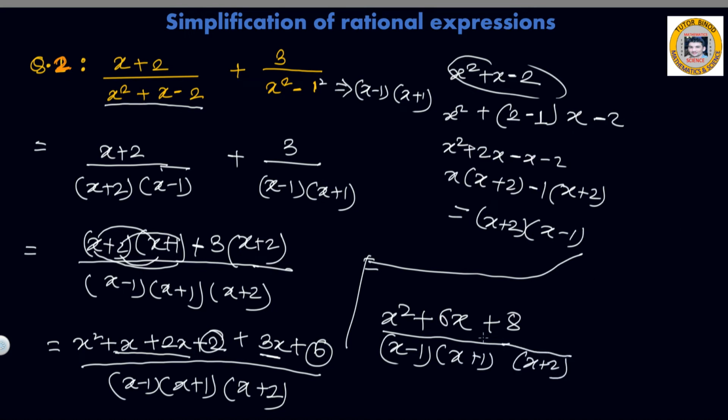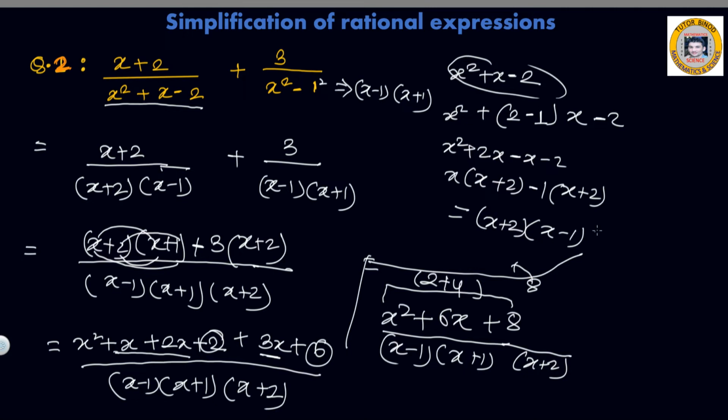Now my goal is to factorize this in order to see if I have something common in the numerator and denominator. If I multiply the coefficient of x square and the constant, I would get 8. 8 times 1 is 8, but while adding I must get 6. So 2 times 4 is 8 and 2 plus 4 is 6, so this will work.